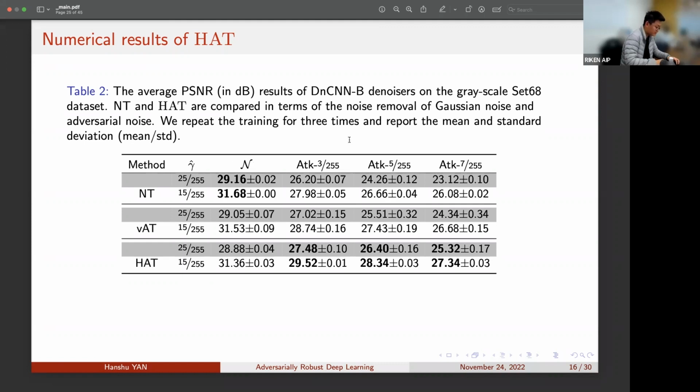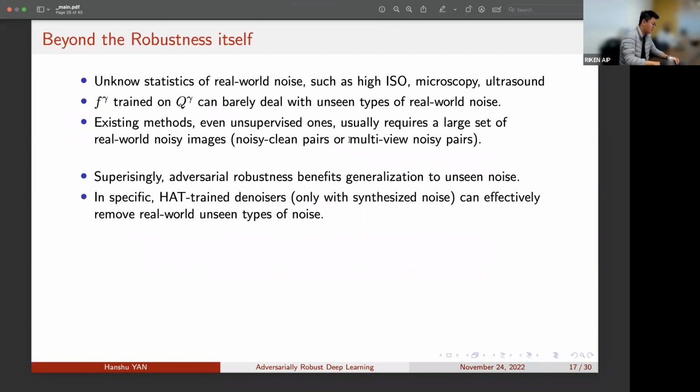But when we construct the adversarial noise, we first sample a Gaussian noise with a lower strength, like 20 over 255. Then we add the adversarial perturbation onto it, so that the total noise strength will be similar. So now we propose the OPS attack to evaluate the robustness and propose HAT to robustify the model.